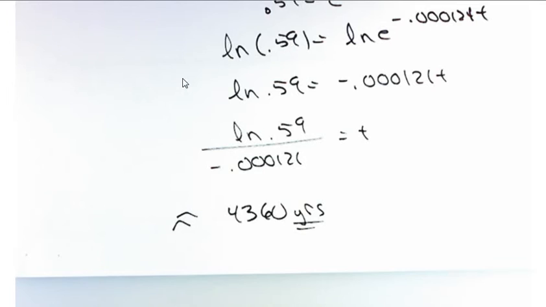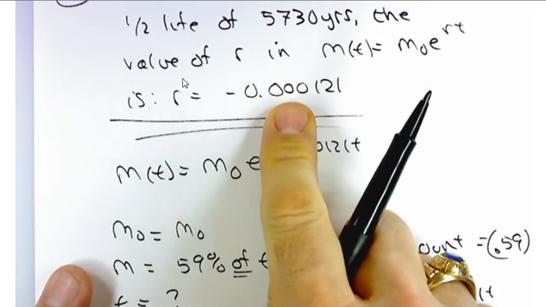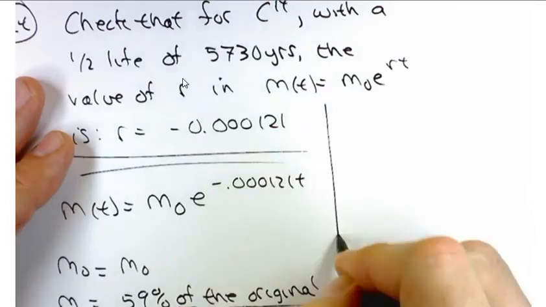They gave it to you in the problem. Oh, I mean this one. Oh yeah, you'd have to figure that out. The way you would figure that out is you're going to use this model, and what's going to happen to the initial amount after 5,730 years? It'd be half.